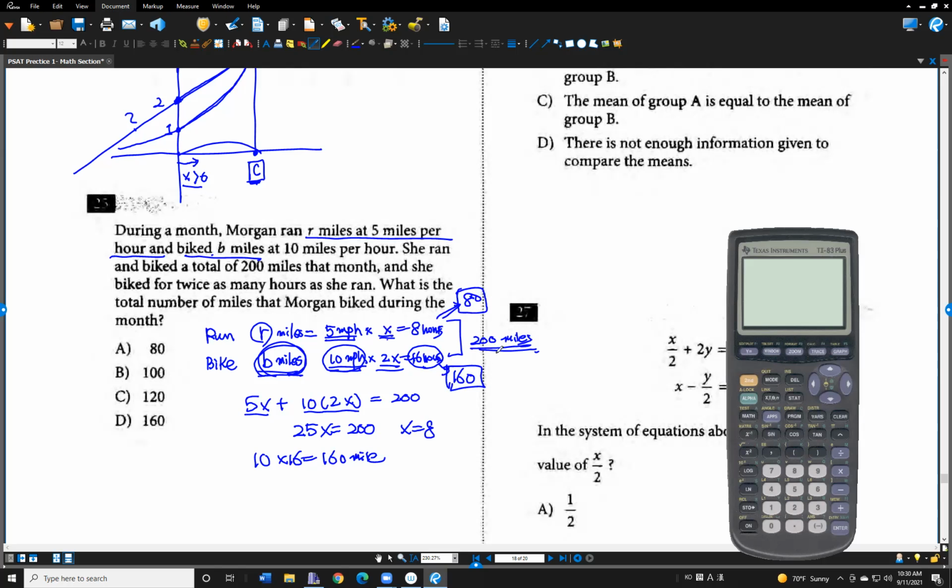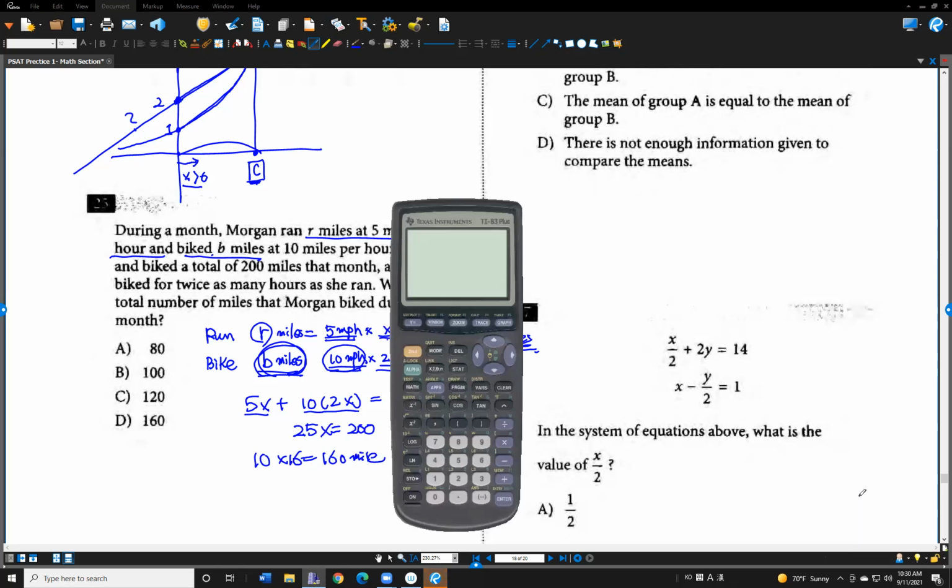Total is 240, right? Or 200 miles? I did it wrong. 8 times 5 is 40, right? The total is 40 plus 160, that is 200 miles. Okay.